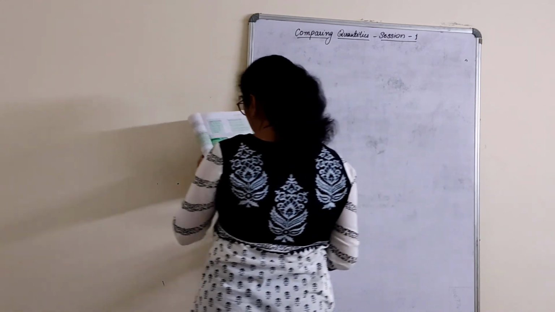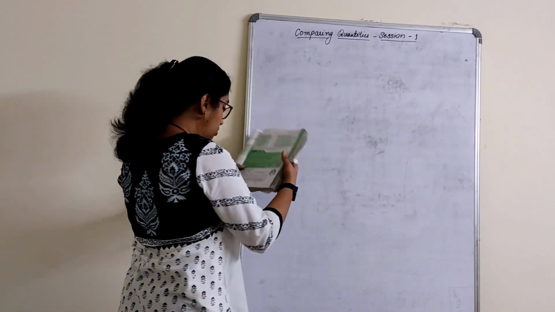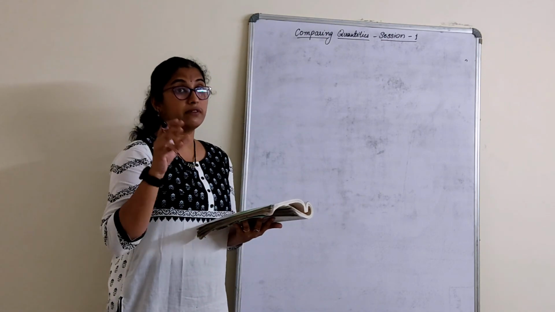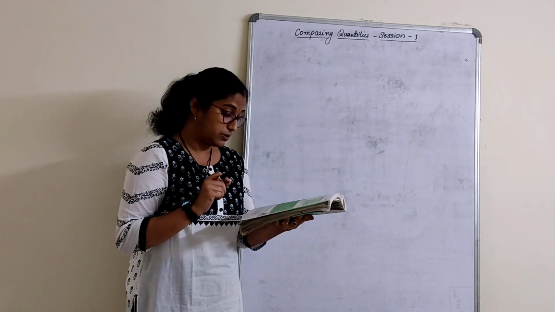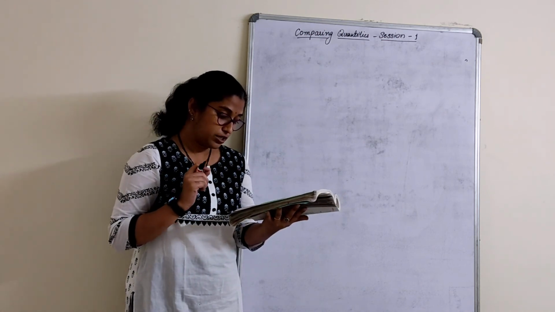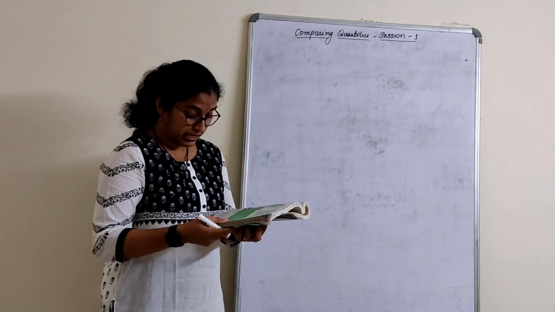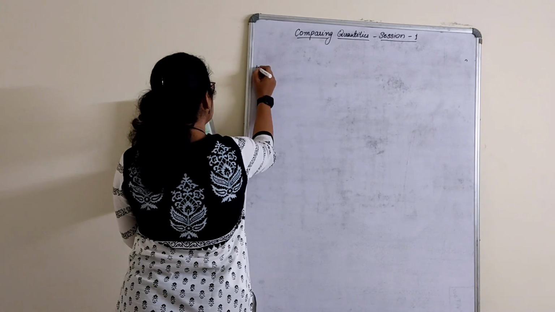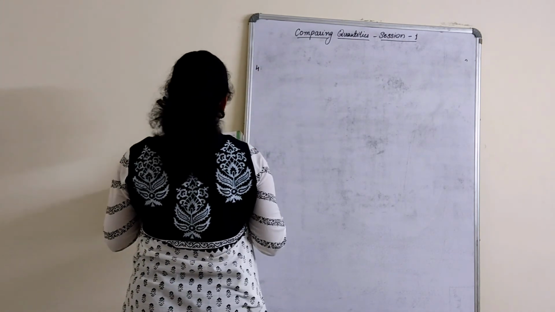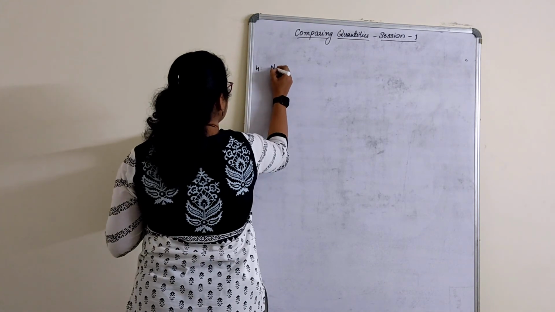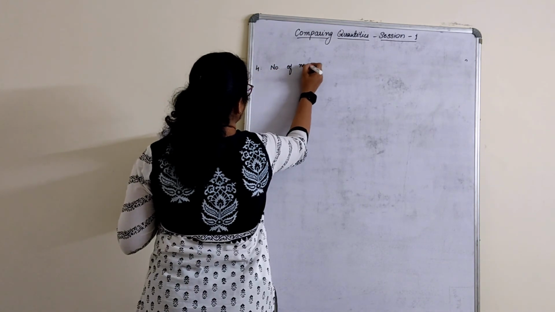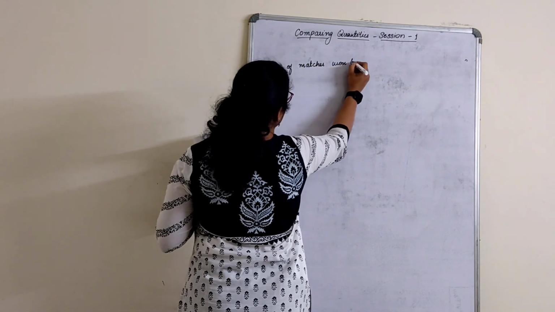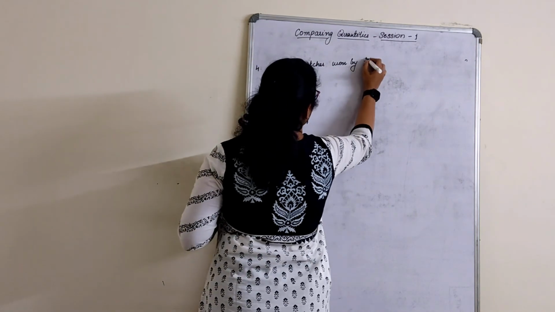A football team won 10 matches out of the total number of matches they played. We don't know how many matches they have played, but they have won 10 matches. If their win percentage was 40, then how many matches did they play in all? There are many methods for the sum. I will be choosing the easiest one here. So, first is number of matches won by the football team.